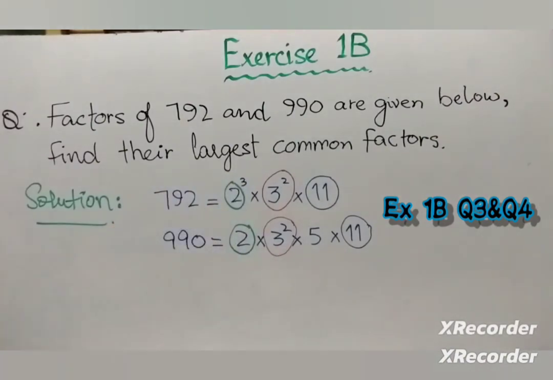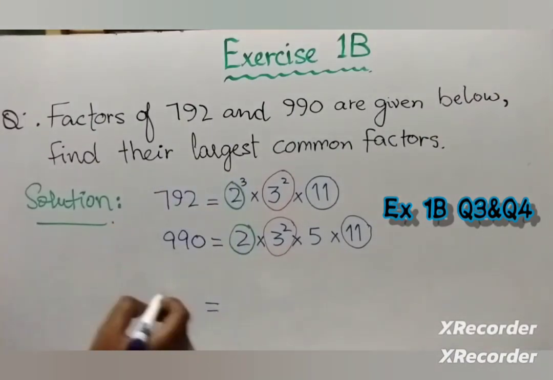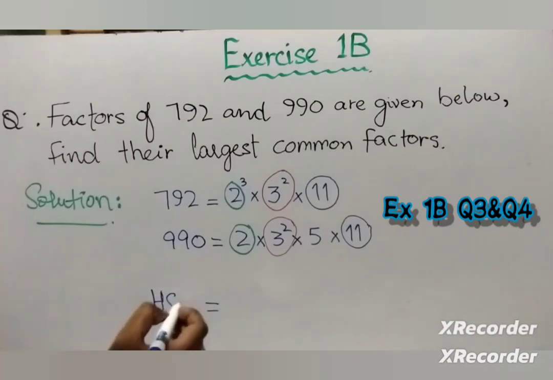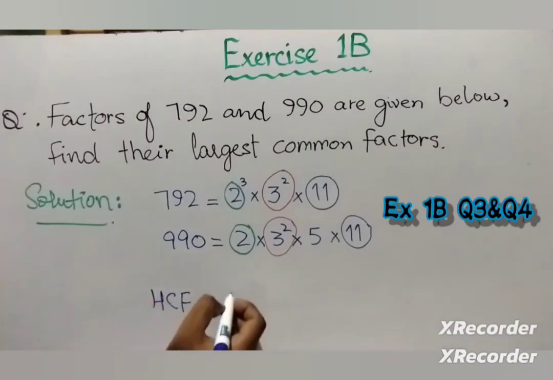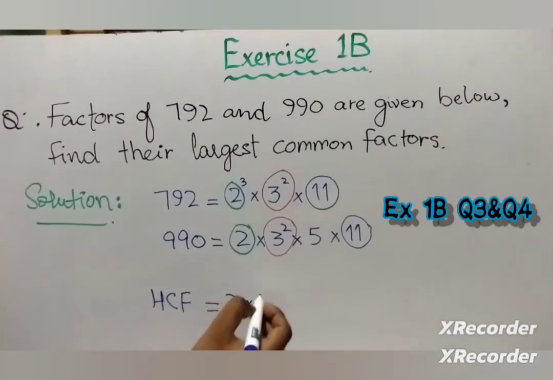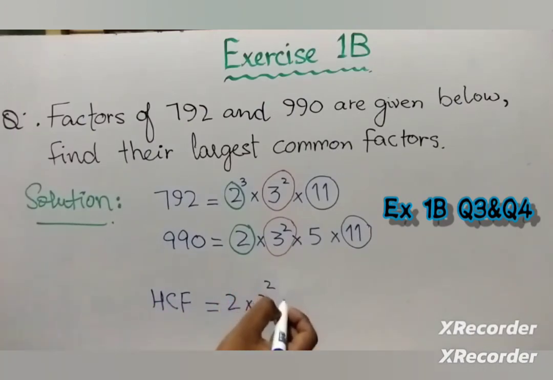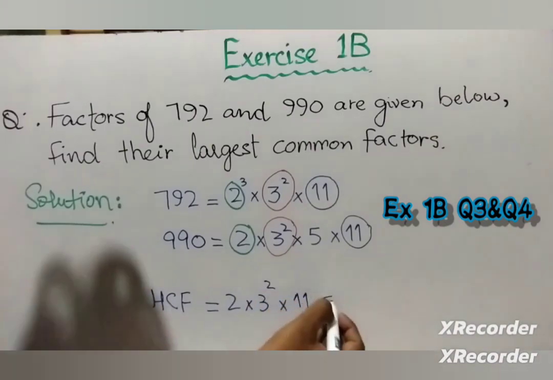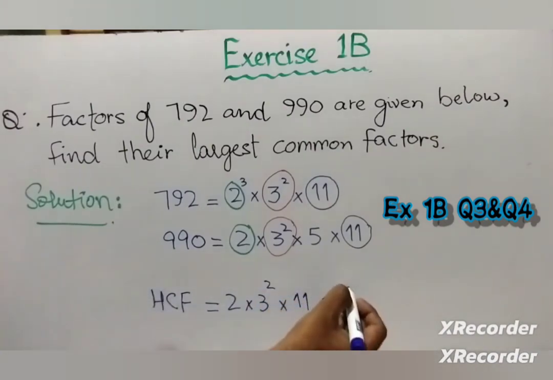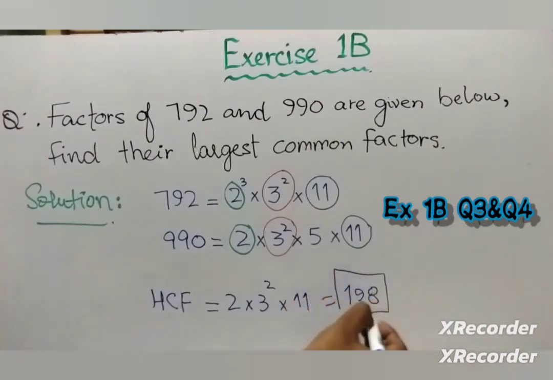So what do we get? 2 multiplied by 3 square multiplied by 11, and by solving this we get 198. This is our required HCF.